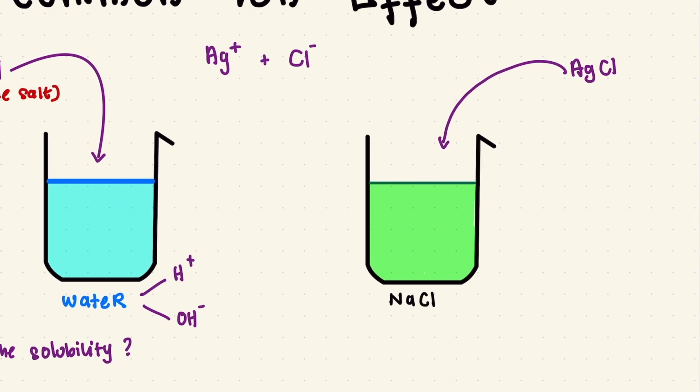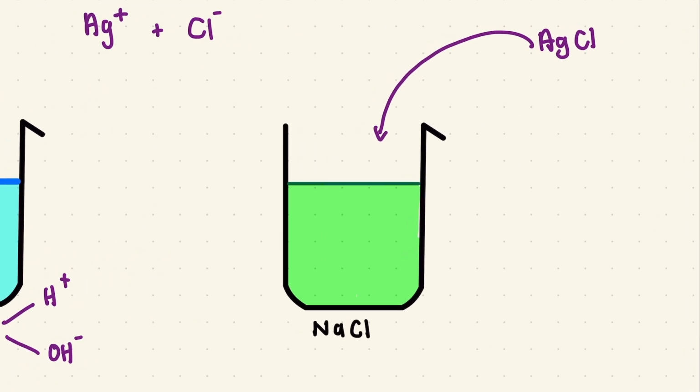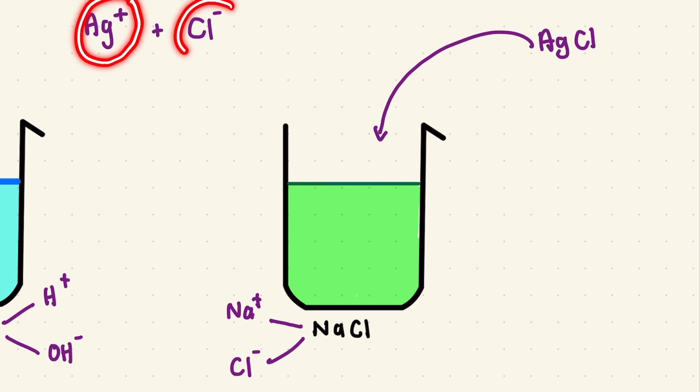But let's take a look at this example. Now, in sodium chloride, we all know that sodium chloride can produce sodium ion and chloride ion. Now, let's see. We have argentum ion, we have chloride ion, we have sodium ion, and we have chloride ion.